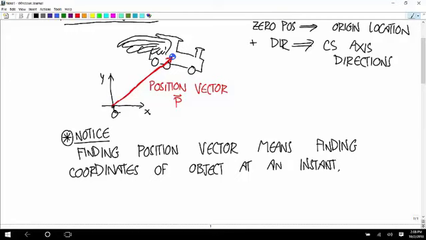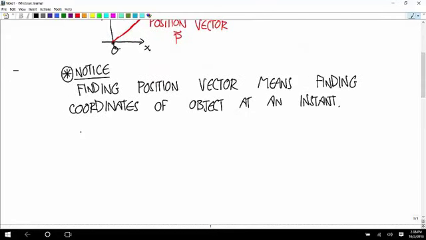The units are the same as they were in 1D. So units of position. It always has to have units of length. So depending on what system of units you're using, that could be feet, miles. More often, we're going to use SI units, so it's going to be meters.